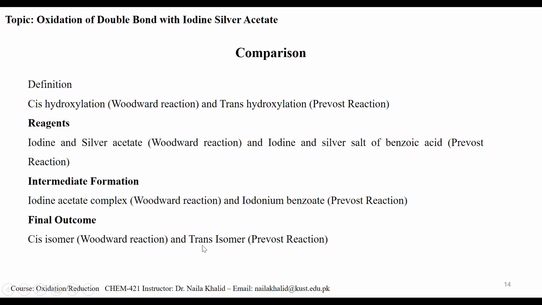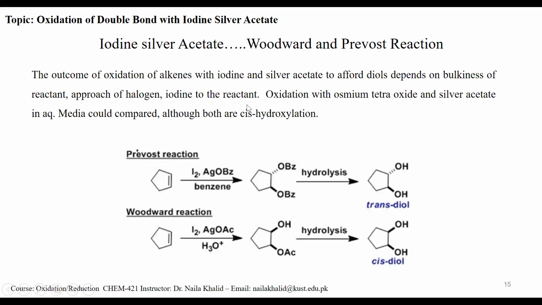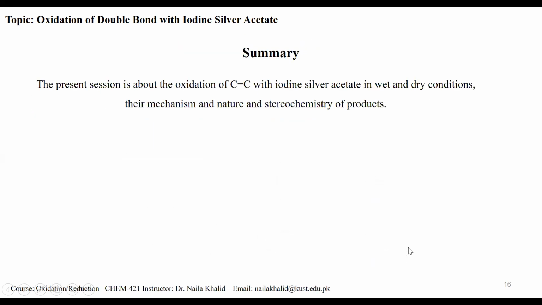So you will see that the final outcome of Woodward hydroxylation is the cis isomer, and for Prevost reaction it is the trans isomer. Here is the example of cyclopentene. With the Prevost conditions, dry conditions, you get trans diol. And Woodward reaction of cyclopentene, in wet condition, you will get cis diol.